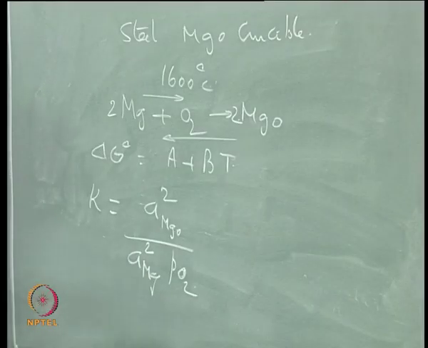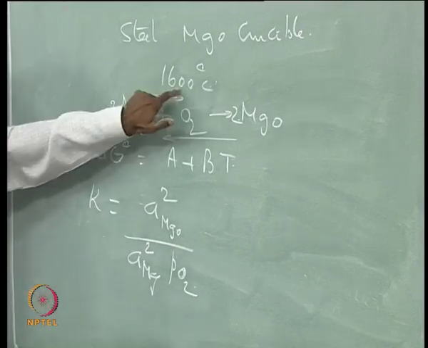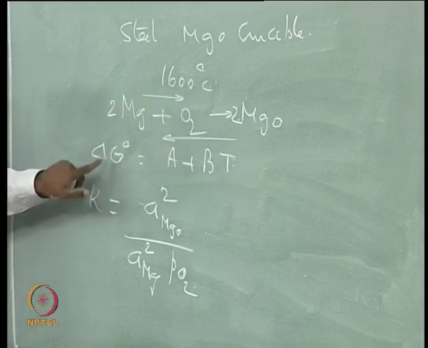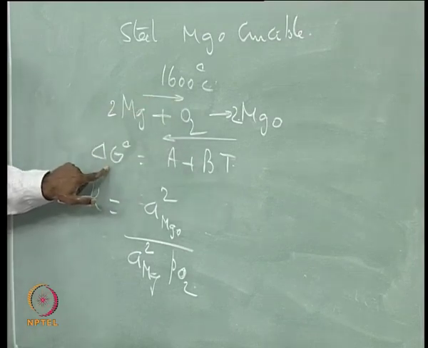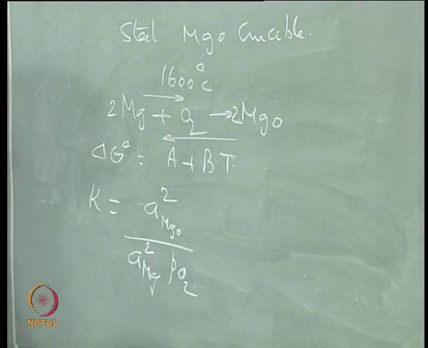How will I know? If I know the equilibrium partial pressure of oxygen for this reaction at that temperature. For example, if I know the delta G naught as a function of temperature, by putting 1600 degrees centigrade into it, mind it, whenever we are talking of any thermodynamics we talk of temperature in Kelvin.